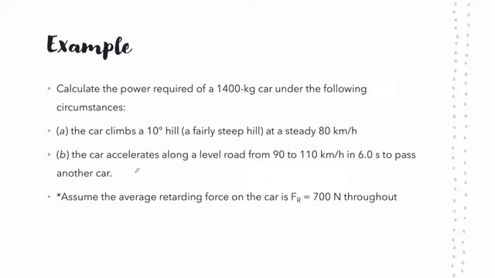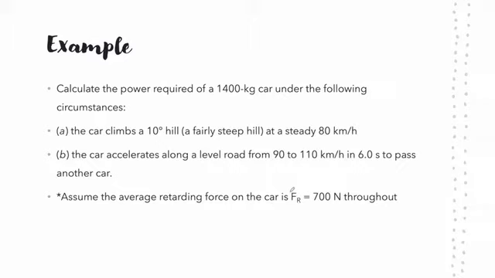And when the car accelerates along a level road from 90 to 110 kilometers per hour in 6 seconds in order to pass a different car. Now for both of these cases, consider a frictional force of 700 newtons throughout the entire problem. All right, pause the video here, take a couple of minutes and see if we can come up with an answer.